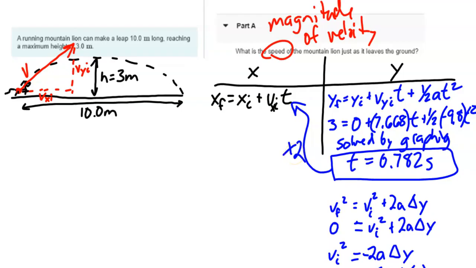So I made myself a little note there, times 2, and hopefully I don't forget that. So anyways, xf is 10, xi was 0, don't know Vx, and 2 times 0.782.